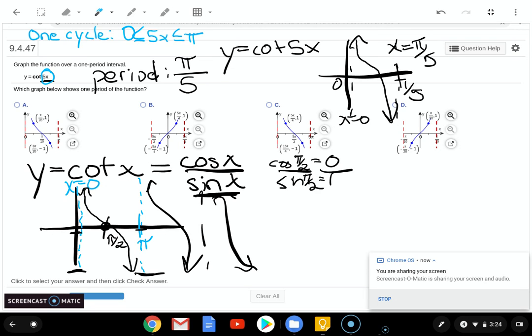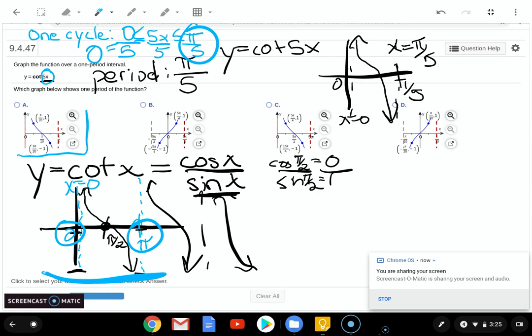And the reason I'm using 0 and pi is because that's the starting and stopping x values for our standard cycle for cotangent of x down here. So then you would divide all three parts by 5. 0 divided by 5 is 0. So the cycle would start at x equals 0 and end at pi over 5.